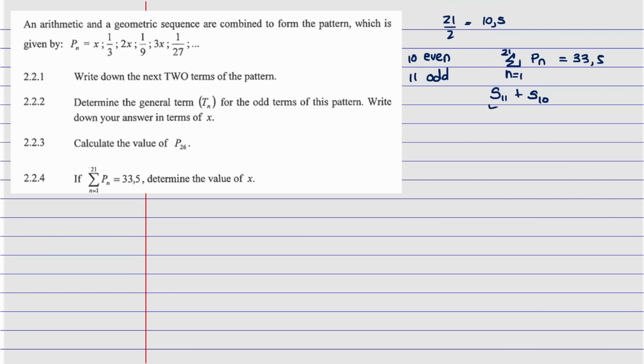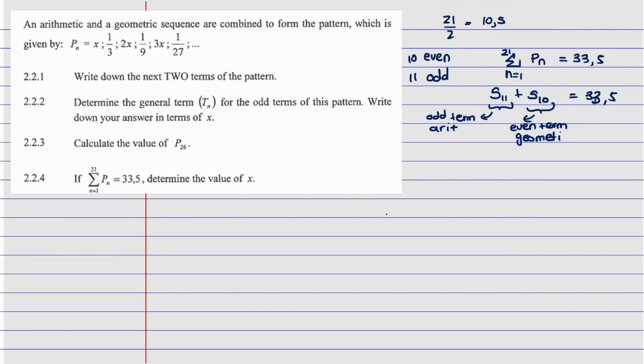Remember that S of 11 terms, which is odd, is for the arithmetic, and this one is going to be for the even terms, which is going to be geometric. Hope that makes sense, right? So this is going to be equal to 33.5.